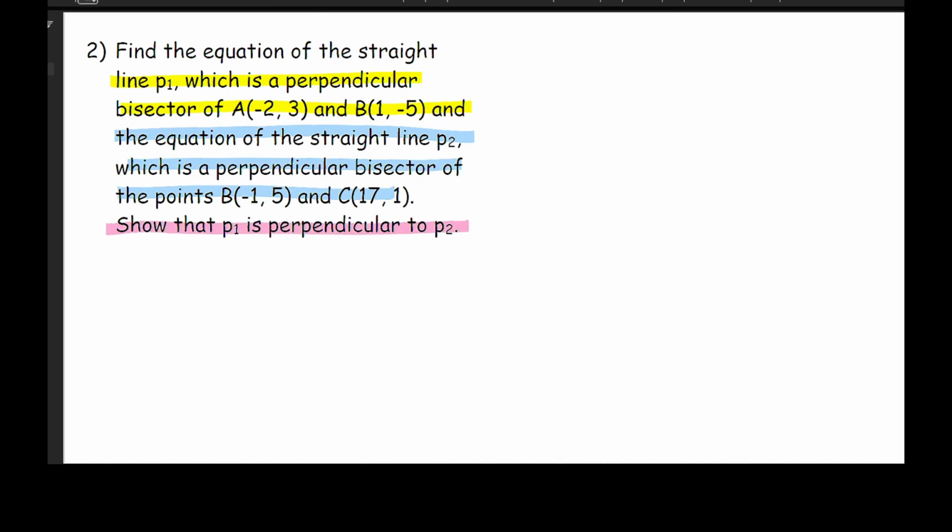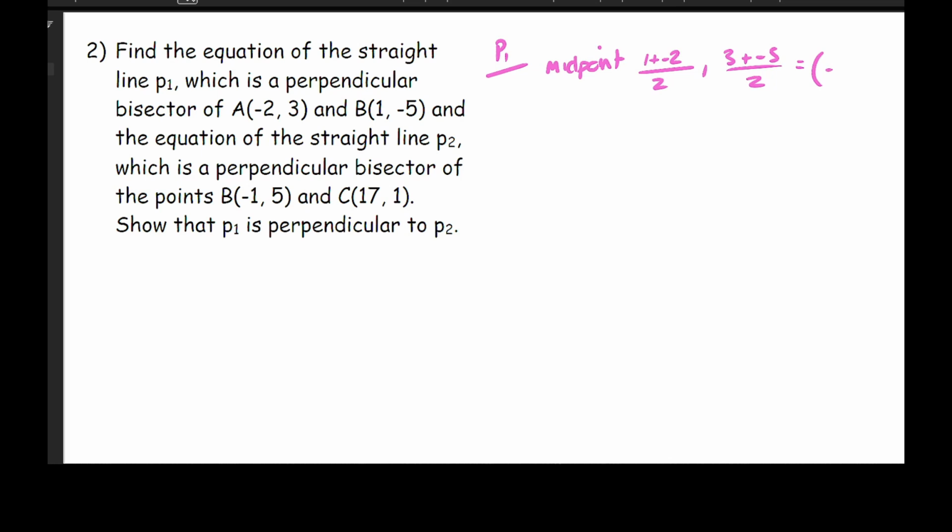Now if I just get rid of the highlighting, just because I know it's a bit of a distraction from the question. So for this, let's find P1 first. So the gradient, or the midpoint I should say, is going to be (1 plus -2) over 2 and (3 plus -5) over 2, and that's going to give me a coordinate of minus a half and minus 1.